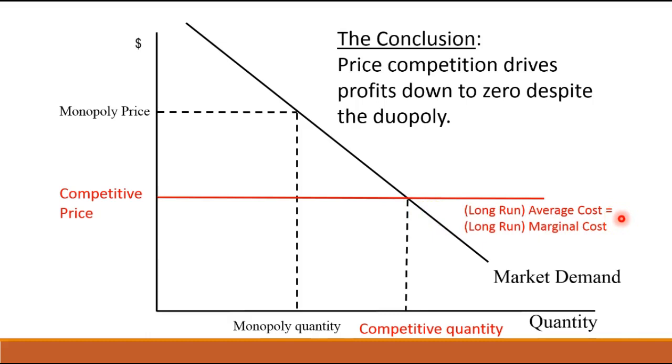So in this model, it's assumed that either there's only variable costs, and those variable costs are constant, or we could also assume that the firms have had enough time to adjust their fixed costs so that all costs, in effect, can be varied in the long term.